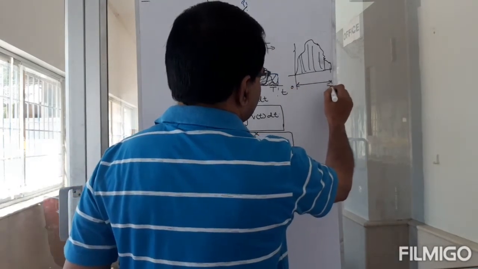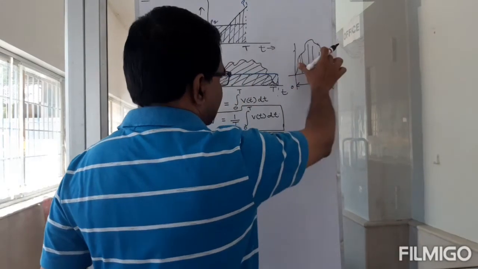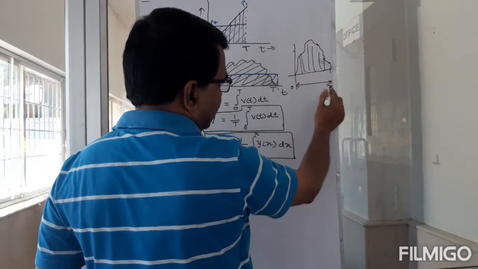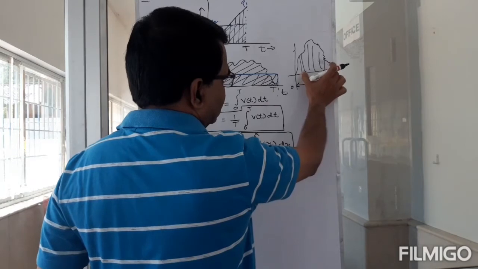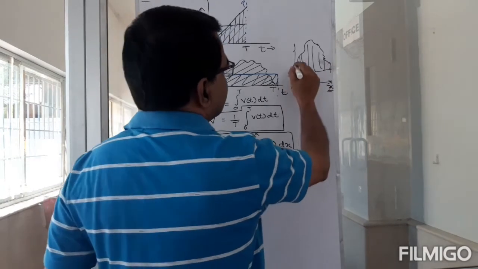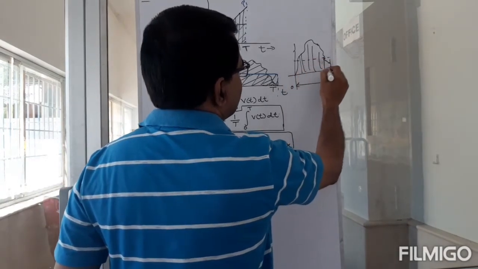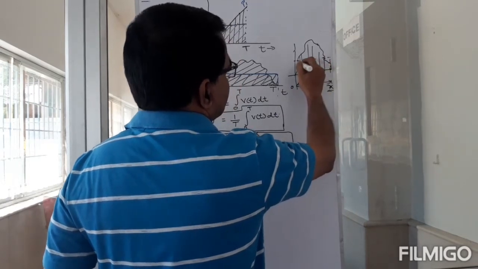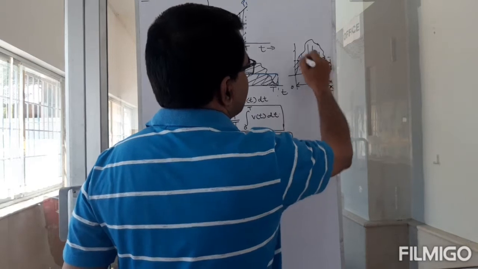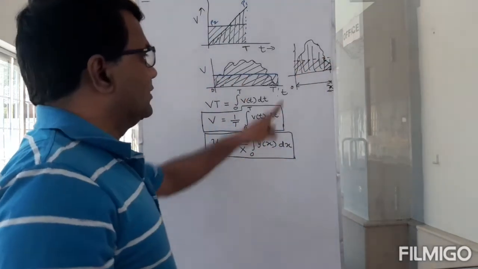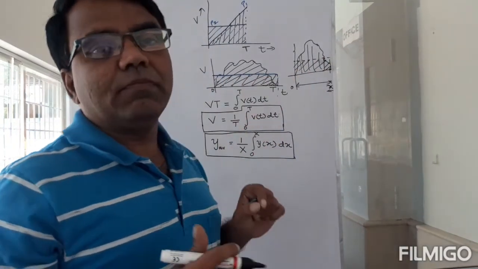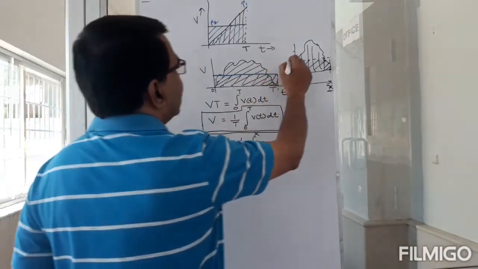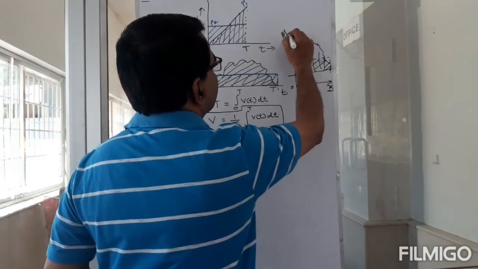X 0 to some x here, okay? And you find the area, and divide it by this number, then you get what is called the mean value for this. So this again ends with the same number. So this area will be equal to that area. So in that case, you call this the mean value of the function.